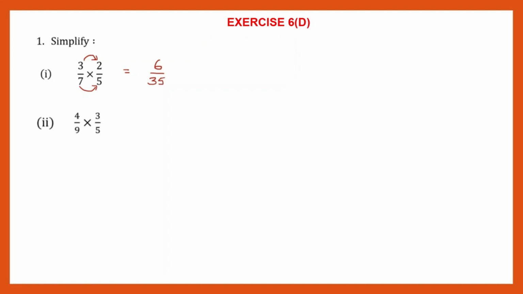Second question. Here we have 4 by 9 into 3 by 5. Let me write that question again. 4 by 9 into 3 by 5. Now look at the question carefully. There is one more step that we can do here. We can reduce fractions to the lowest term.